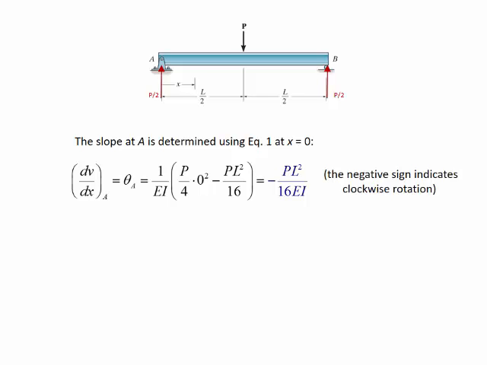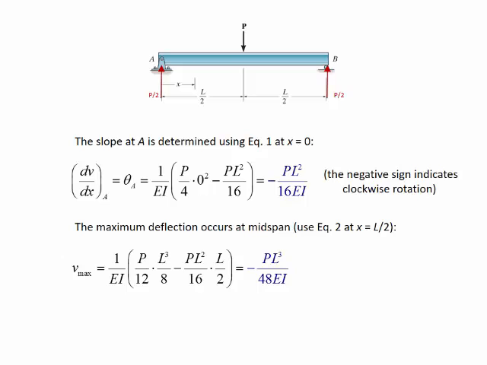To determine the maximum deflection, we are going to substitute into equation 2 x equal L over 2. Note that when we substitute the value of the coordinate into the equations where there are Macaulay function terms, we have to evaluate that coordinate x with respect to the other value in the Macaulay function.